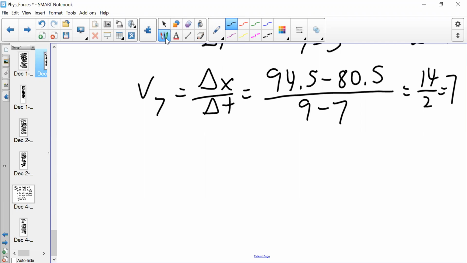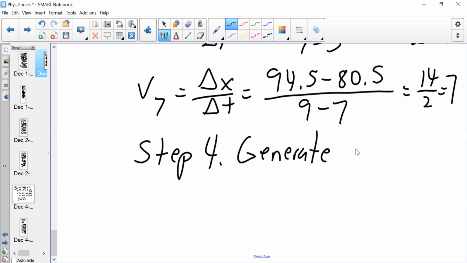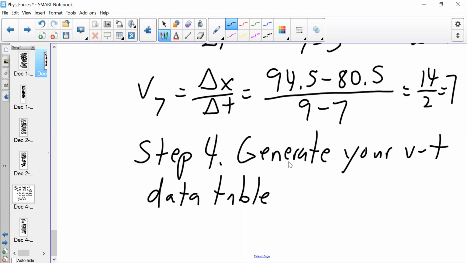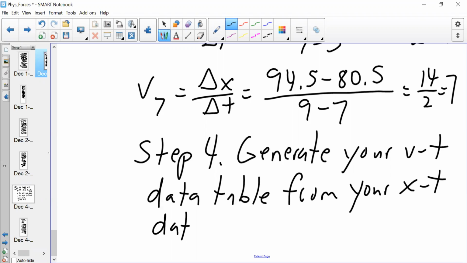So we calculated our velocities. So step 4 is to generate your VT data table from your XT data table points.